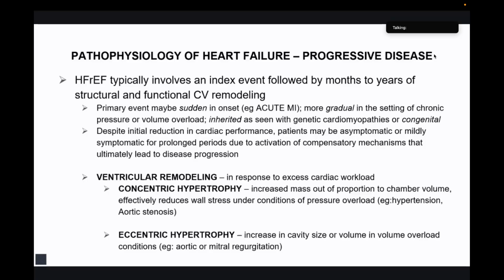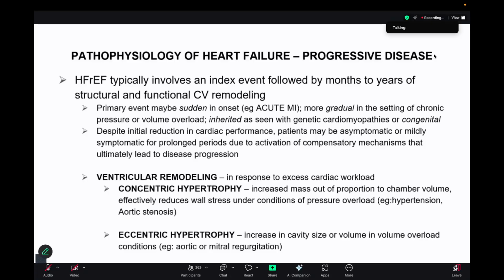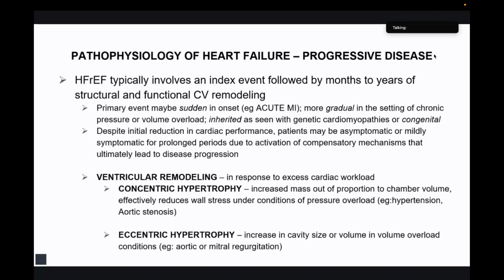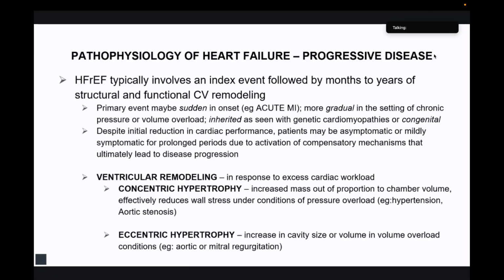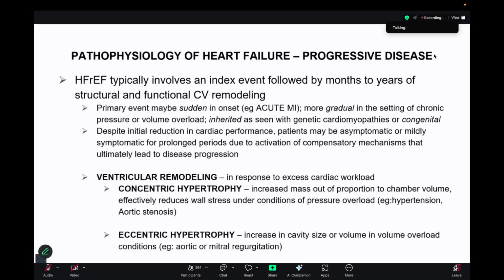The type of remodeling is as follows: concentric hypertrophy, which means there's an increased mass that is out of proportion to chamber volume to effectively reduce wall stress under conditions of pressure overload. Eccentric hypertrophy means that there is an increase in the cavity size or volume in volume overload conditions.